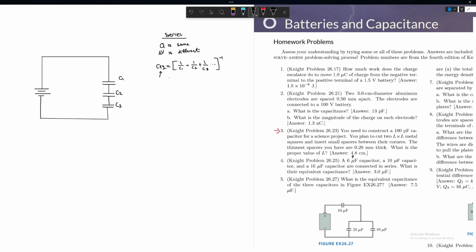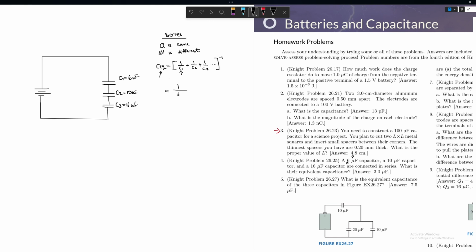Let me get my capacitances. They gave them to me right here: 6, 10, and 16. All of these are in picofarads. Or is it micro? Yeah, it's micro, my bad. 16 microfarads.